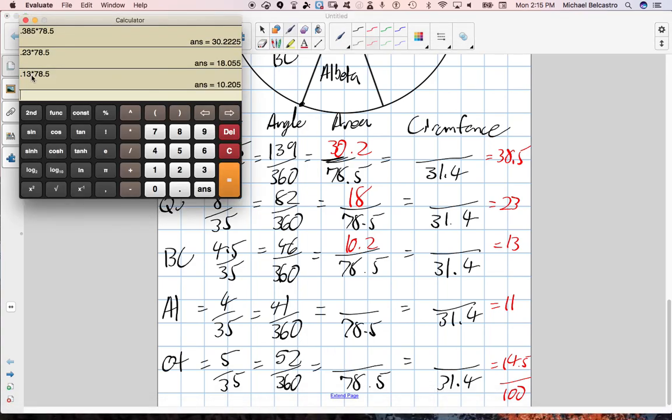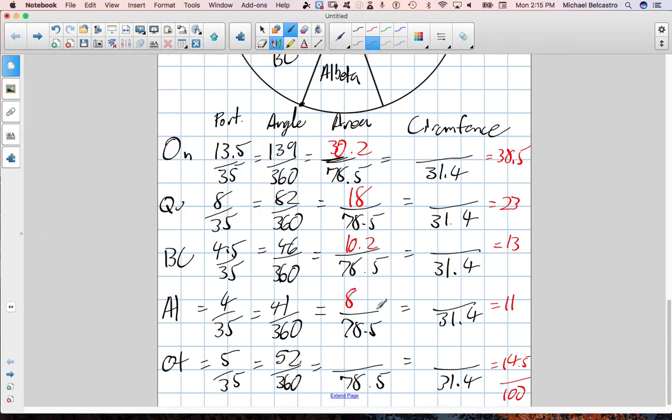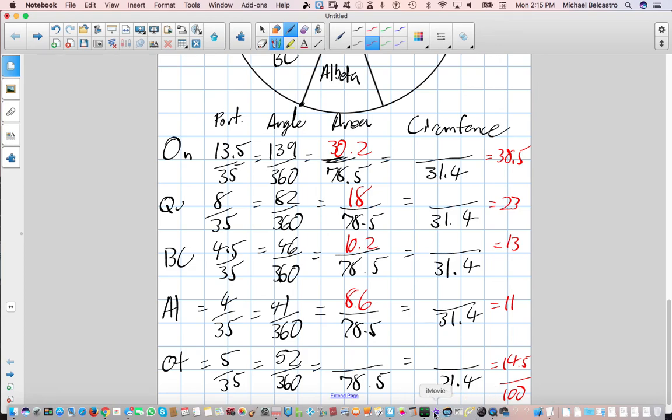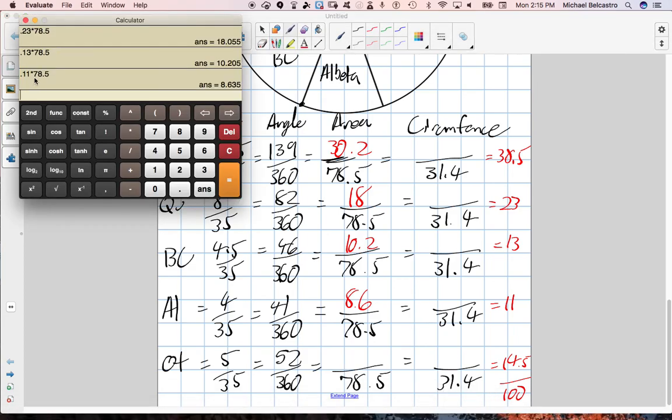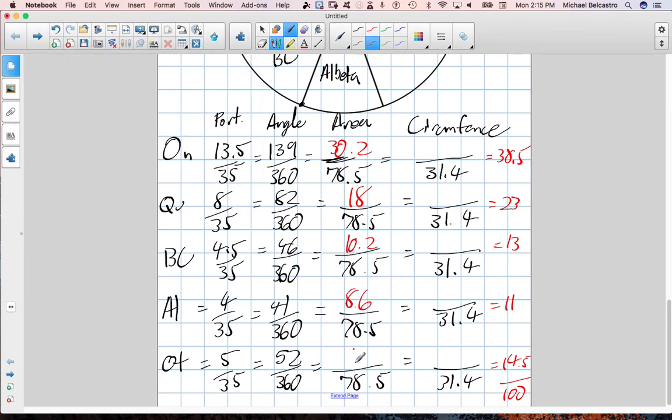11. Take this again, change it to 11. 8.6. And finally, 14.5, so I should take 11.3. So we very quickly calculated all of the sector areas.